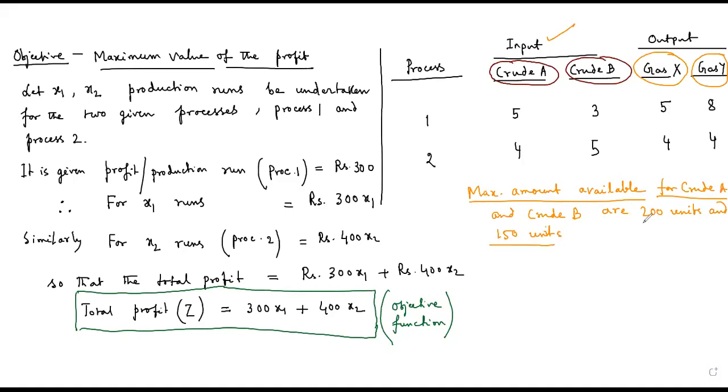This is given. 200 units of crude A is available. 150 units of crude B is available.